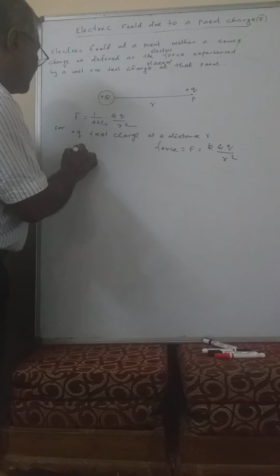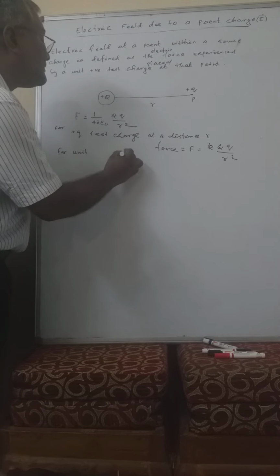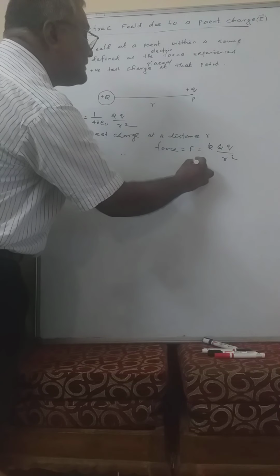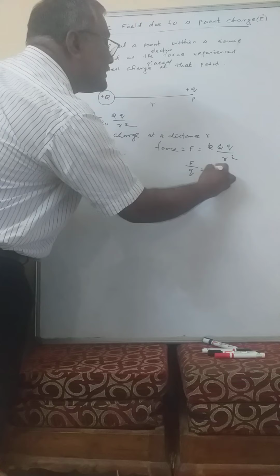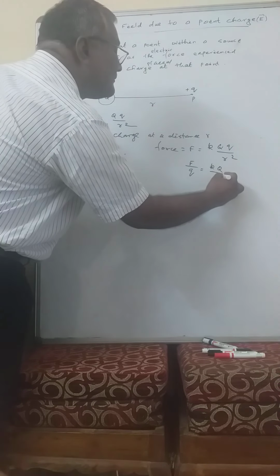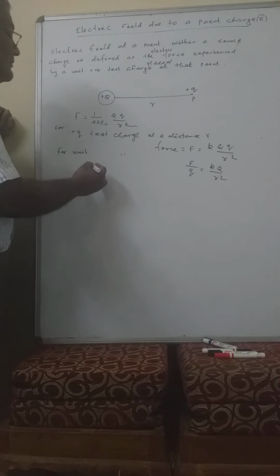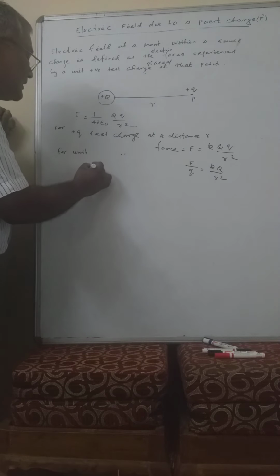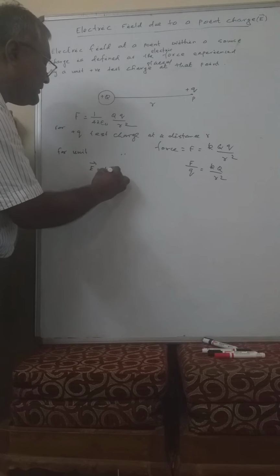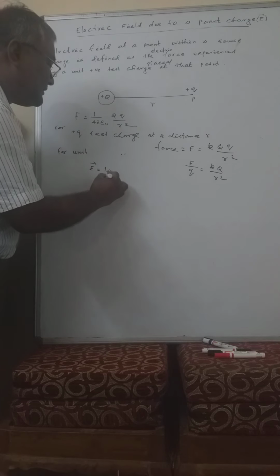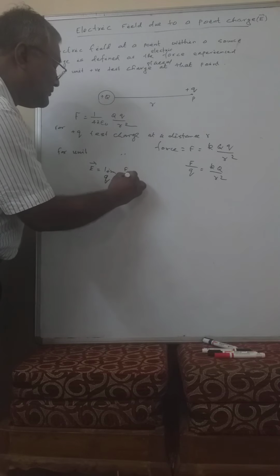So for a unit positive test charge, the force experienced will be F by q is equal to KQ by r square. For our simplification, it is also called electric field E is equal to limit q tends to 0 F by q.